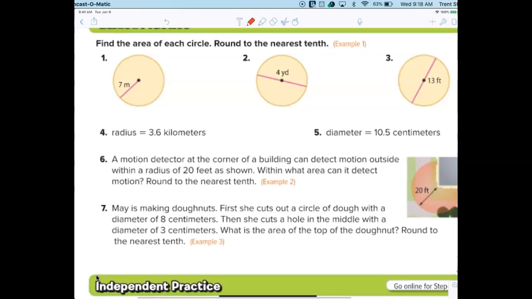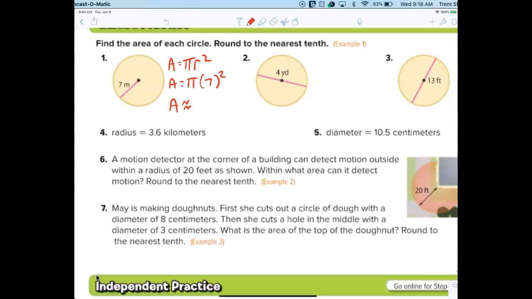First one: A equals pi r squared. A equals pi, what is the radius? 7 squared. A is approximately, and I said 2 decimal places. So now you type it on your calculator: pi times 7 squared.